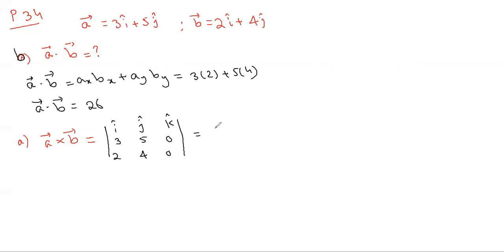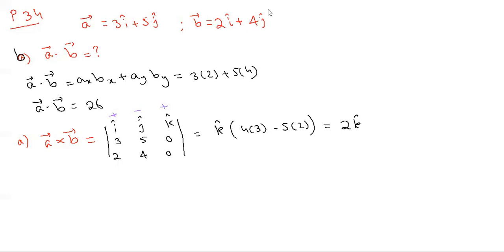This will be K hat, 4 multiplied by 3 minus 5 multiplied by 2. So this is 2 K hat. Remember, I use the following convention: plus, minus, plus. So these two will be 0 due to this 0th column. Null.